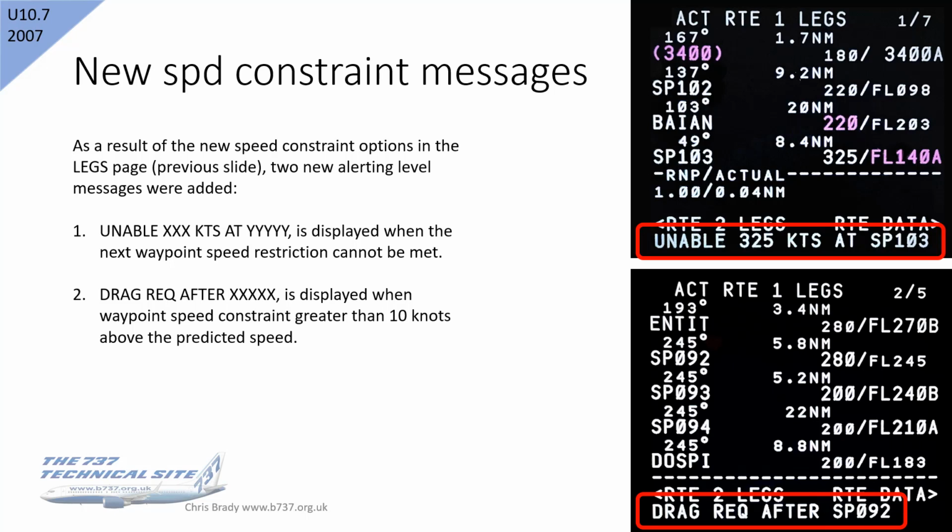Unable whatever not at a certain position, when the next waypoint speed restriction can't be met. That's the one shown there on the upper photo. And drag required after whatever waypoint, and that would be displayed when the speed constraint is greater than 10 knots above the predictive speed.